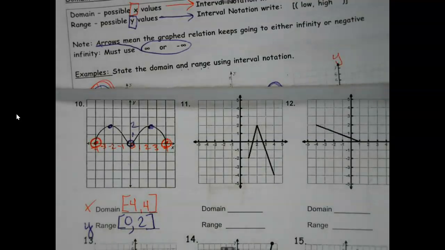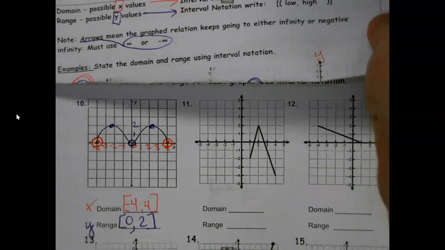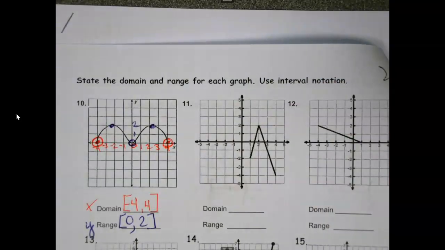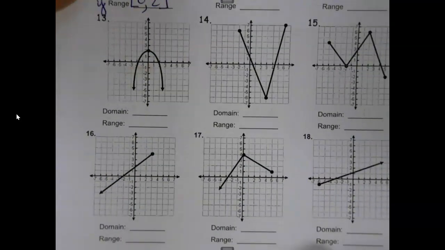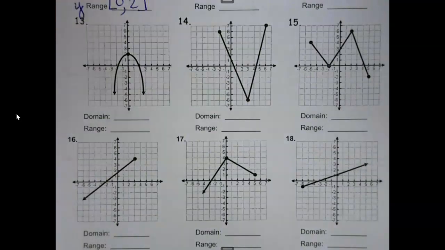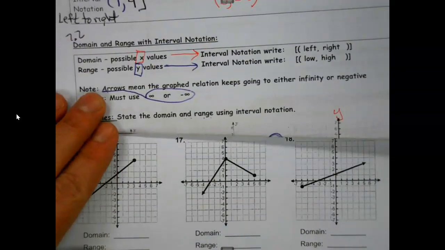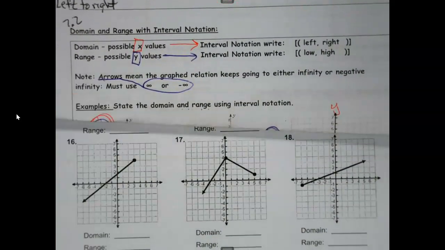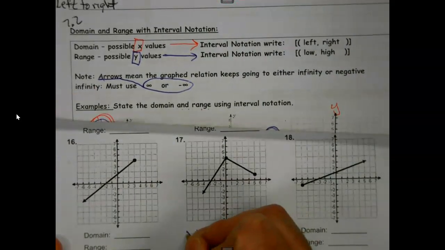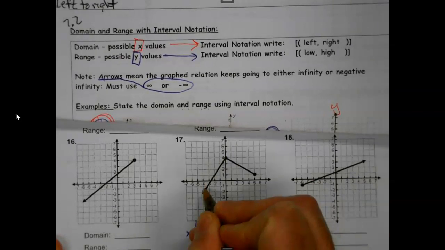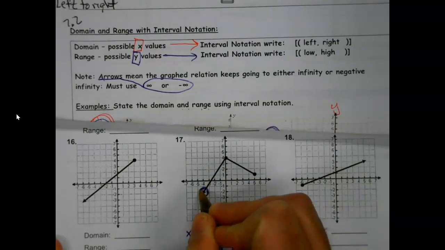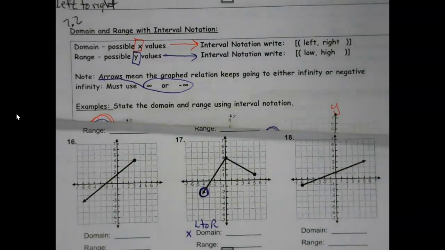But let's say, let's do one more. How about 17? We'll throw one in that's got a little of everything. So I look at 17, and I go, okay, X is left to right. So here's the furthest point left, but oh, there's an arrow on the furthest point to the left.